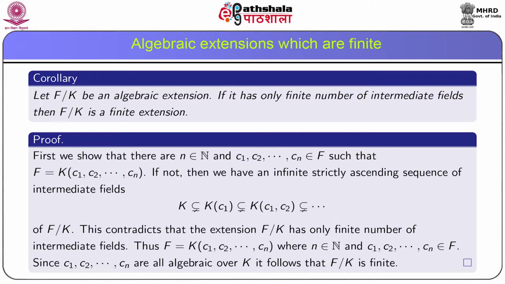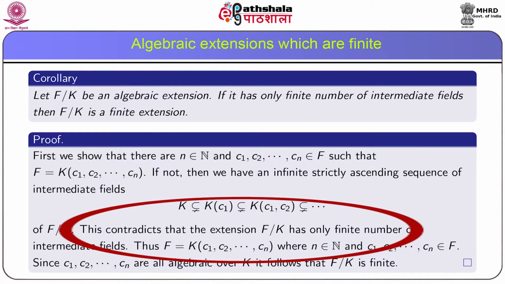On the contrary, if possible, assume that this is not true. Then we have an infinite strictly ascending sequence of intermediate fields: K is a proper subset of K(C1), which is again a proper subset of K(C1, C2), and so on. Since this is an infinite strictly ascending sequence, we get an infinite number of intermediate fields, namely K(C1), K(C1, C2), K(C1, C2, C3) and so on.